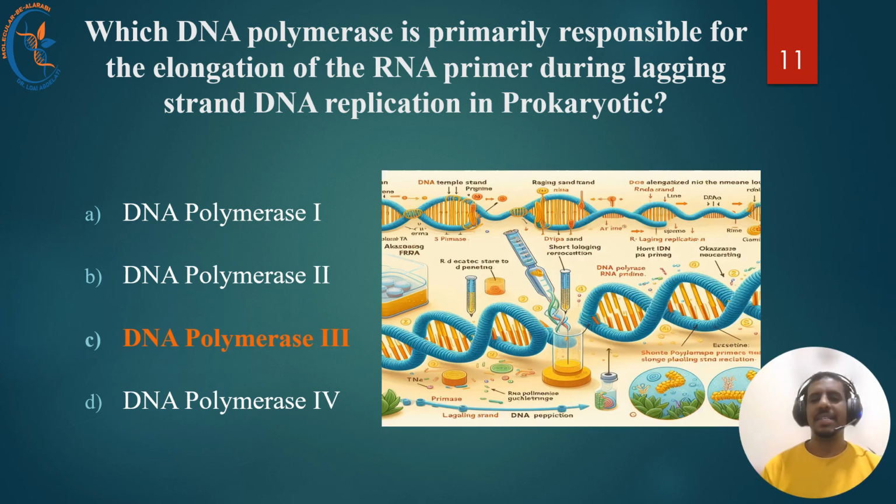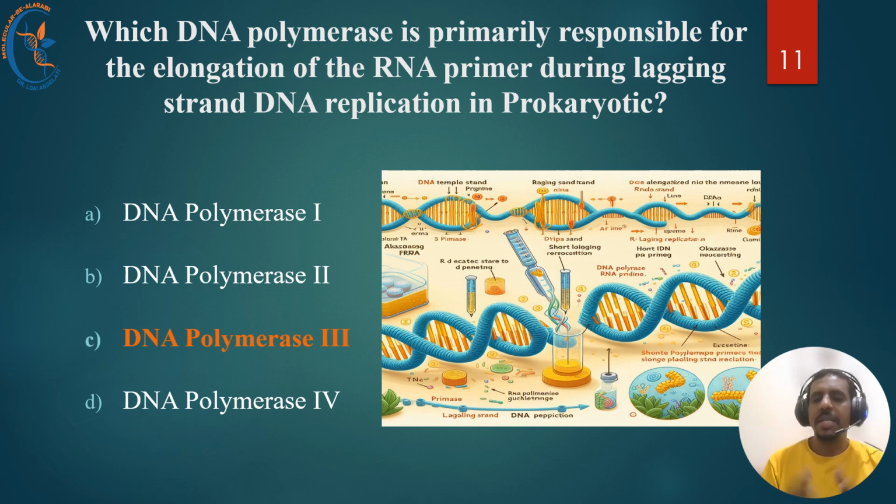The correct answer is DNA polymerase III. But let me walk you through the steps involved in lagging strand DNA replication. It begins with priming, where primase synthesizes short RNA primers on the lagging strand. Following this, during elongation, DNA polymerase III extends the RNA primers by adding deoxyribonucleotides.